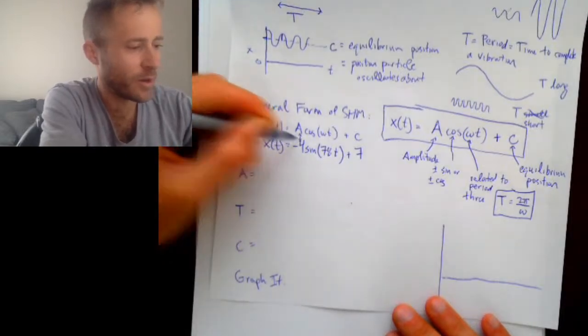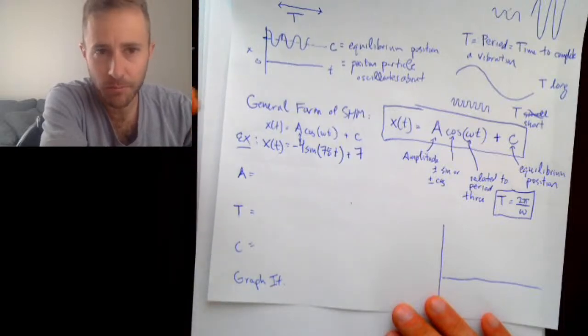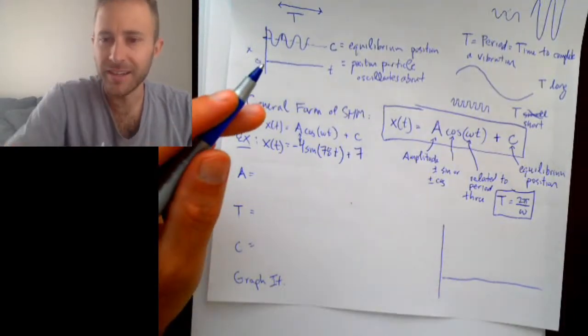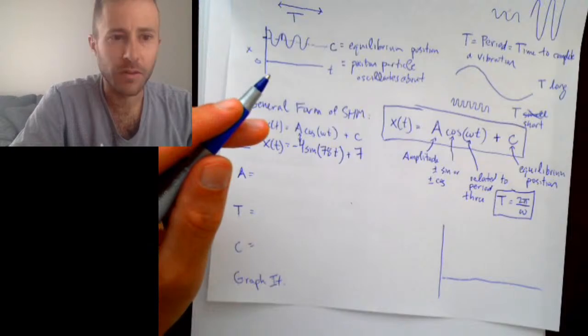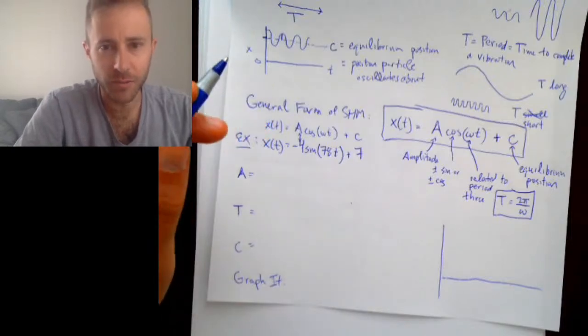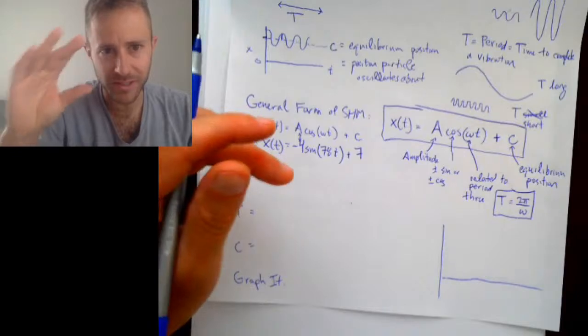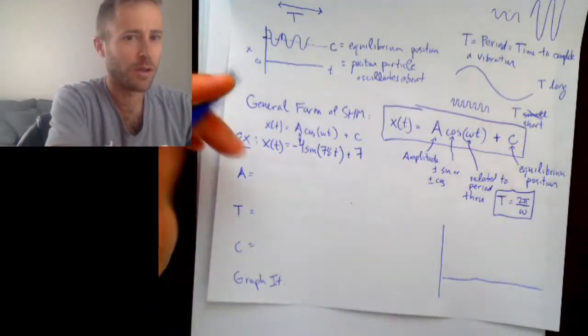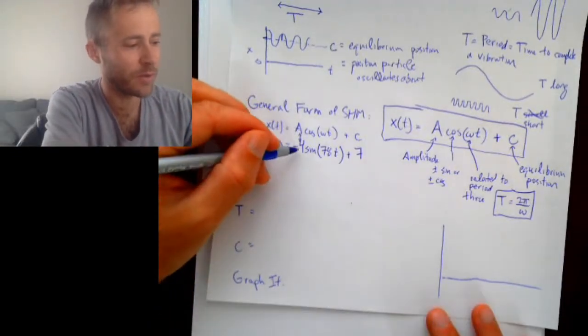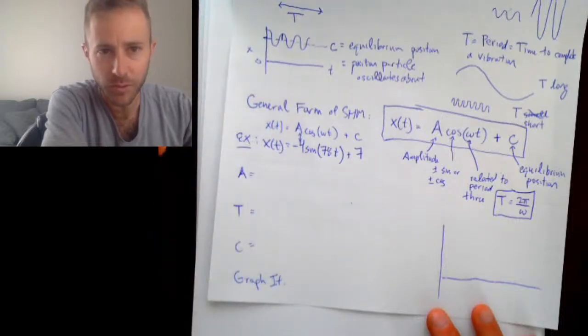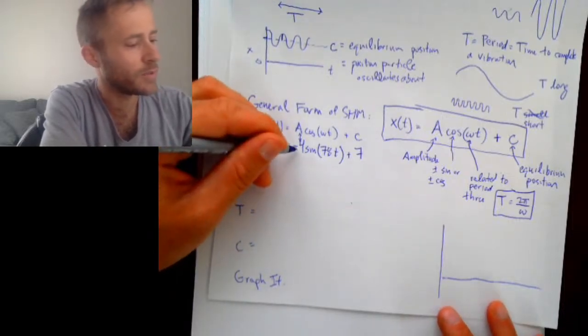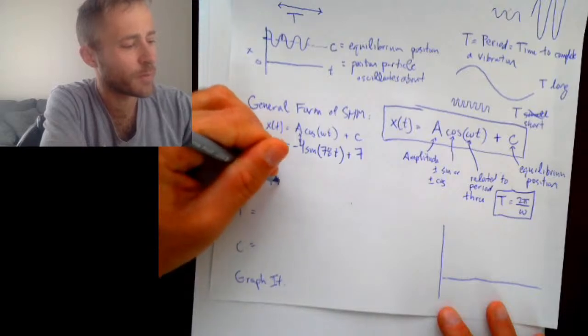Now you might say, oh, the amplitude is -4. But that is not the case, because the amplitude is always a positive number. It's just the distance from equilibrium. So it's really the absolute value of this number that is multiplying the trig function. So that means that my amplitude is 4 meters.